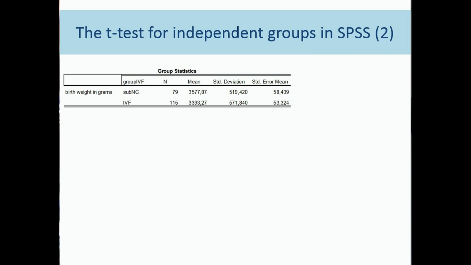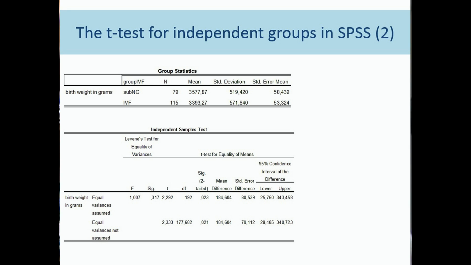First of all, we see a table with descriptive information. We see the number in the groups, the mean birth weights for each group, the standard deviations, and also the standard errors. Remember, the standard error was defined as the standard deviation divided by the square root of n.